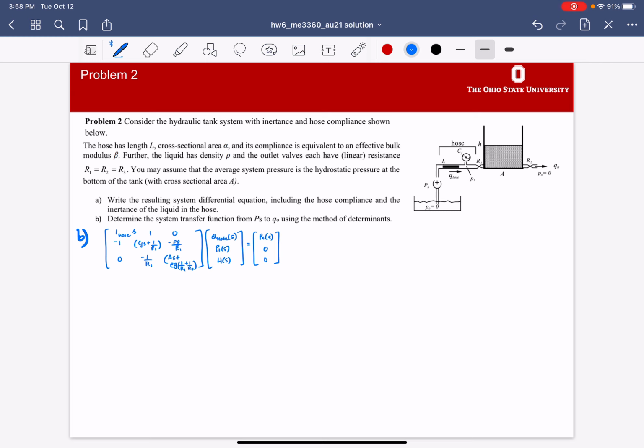So now what we have is HS can be given by the determinant of basically these three terms over here.